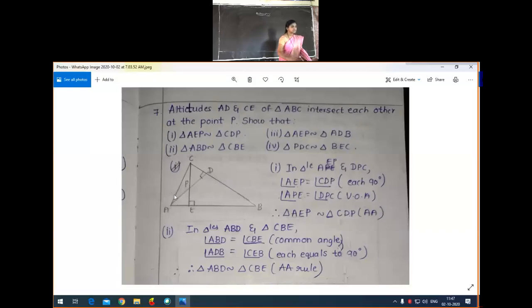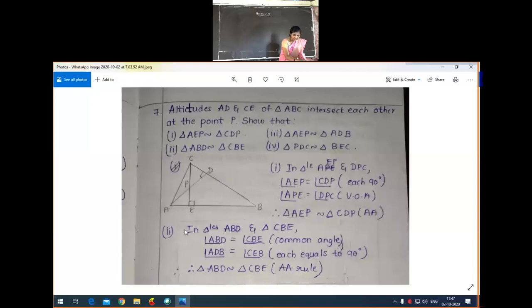Triangle AEP, let's check the question in the textbook also. First proof is triangle AEP similar to triangle CDP, this triangle and this triangle. Second one, triangle ABD similar to triangle CBE. Next, third one, triangle AEP similar to triangle ADB.